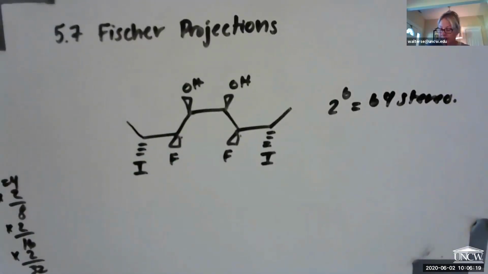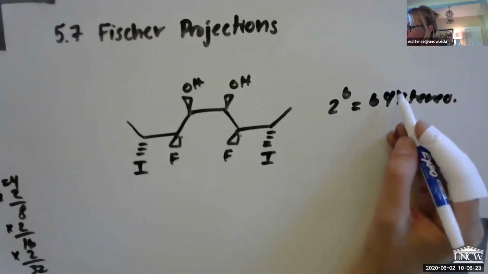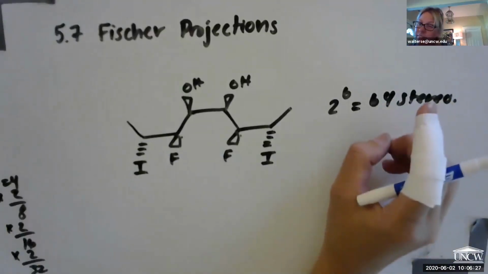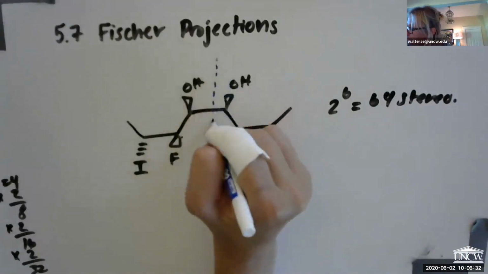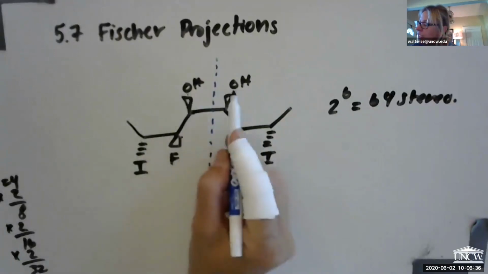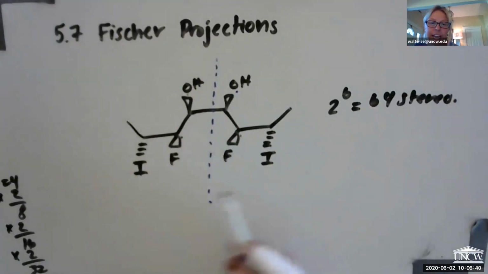But if you look at this, of these 64, you're going to have one that's a perfect set of enantiomers. This particular drawing has a mirror plane right through the center. The hydroxide reflects to the hydroxide, the fluorine to the fluorine, iodine to the iodine.